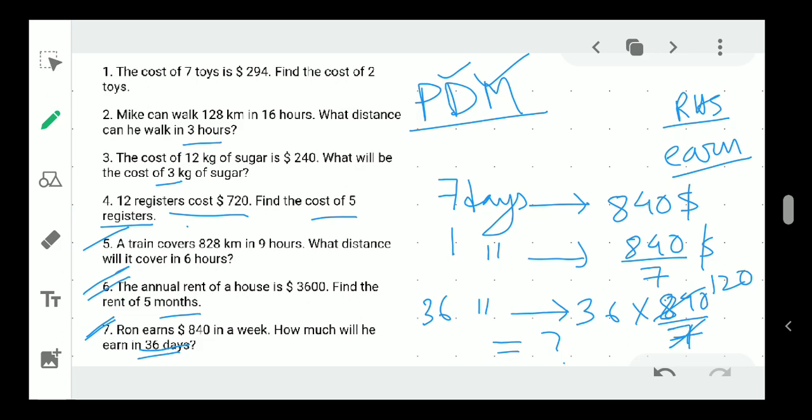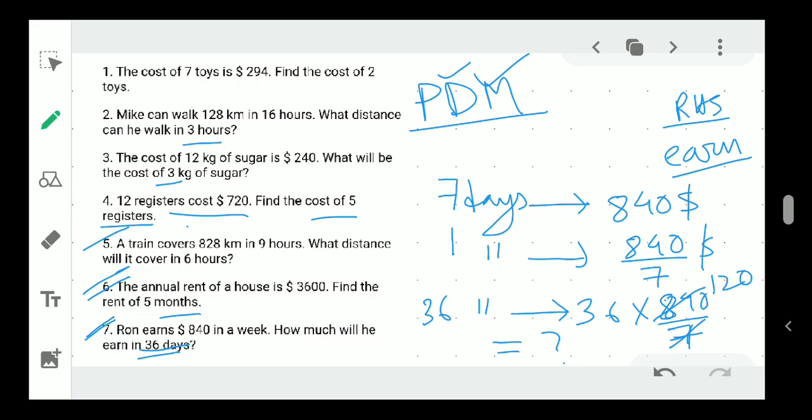Okay, so unitary method means, again I am telling, unitary method means that first you have to see whether the proportionality relation is there or not. That means if you increase one term, the other term is increasing or not. That means in the last question, if you increase the number of days, the earning will increase or not.